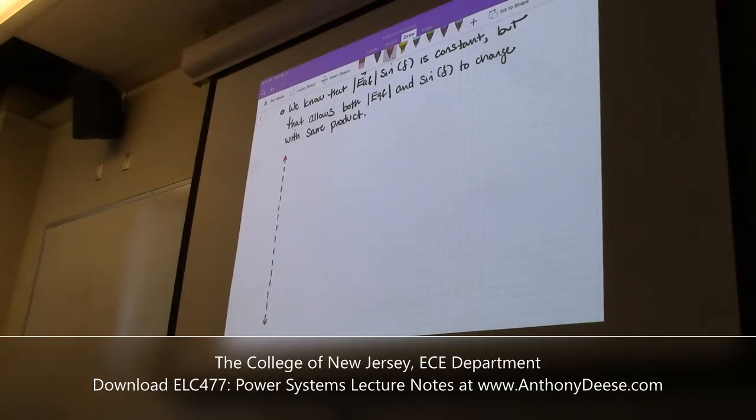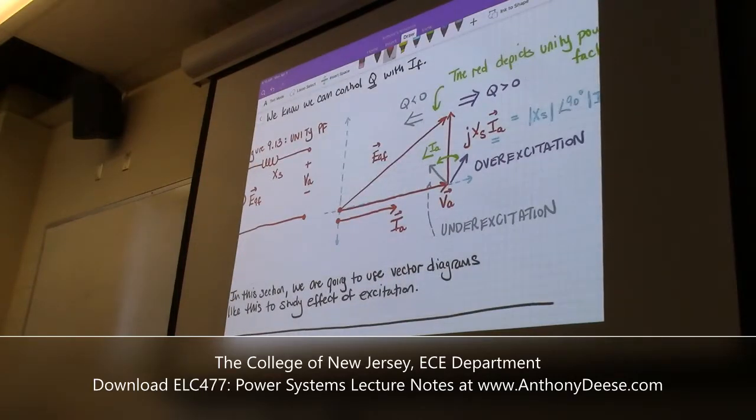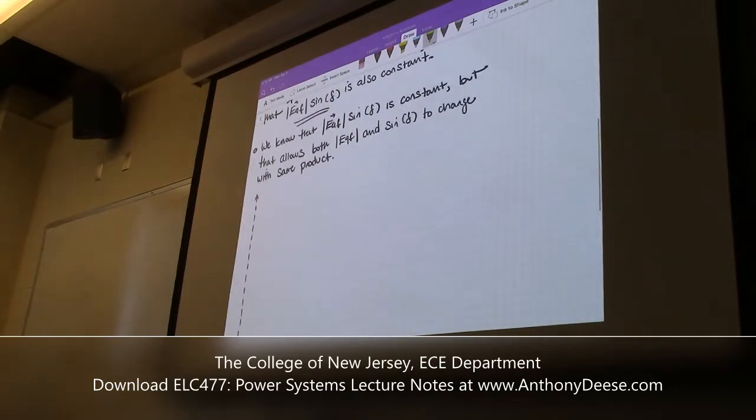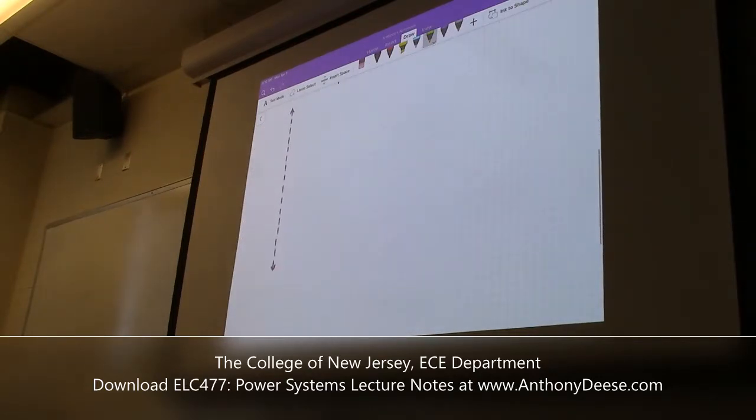In this picture, this was strictly the generator mode of operation because the P out value is going to be greater than 0. Now we're going to consider both.